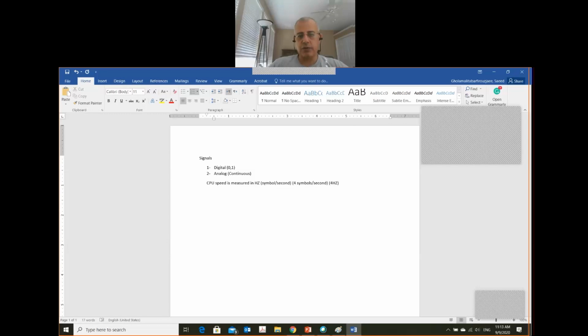Suppose our CPU or any kind of electronic device can transmit 4 bits, or 4 digits, per second; our transmission speed is going to be 4 bits per second. But to measure the transmission speed of an analog signal, we use hertz. Hertz means number of symbols per second.